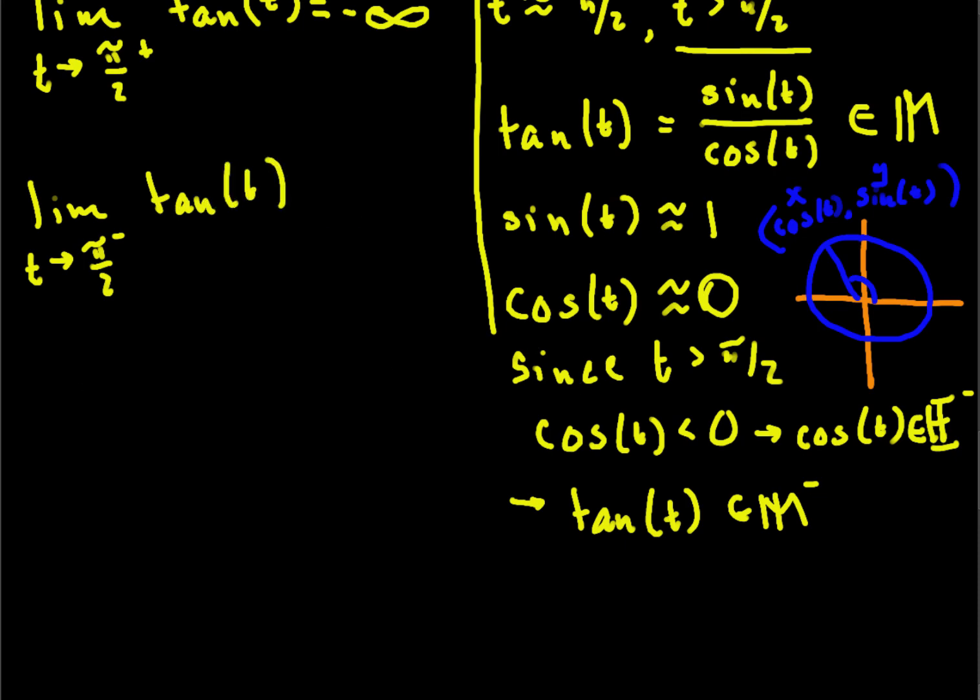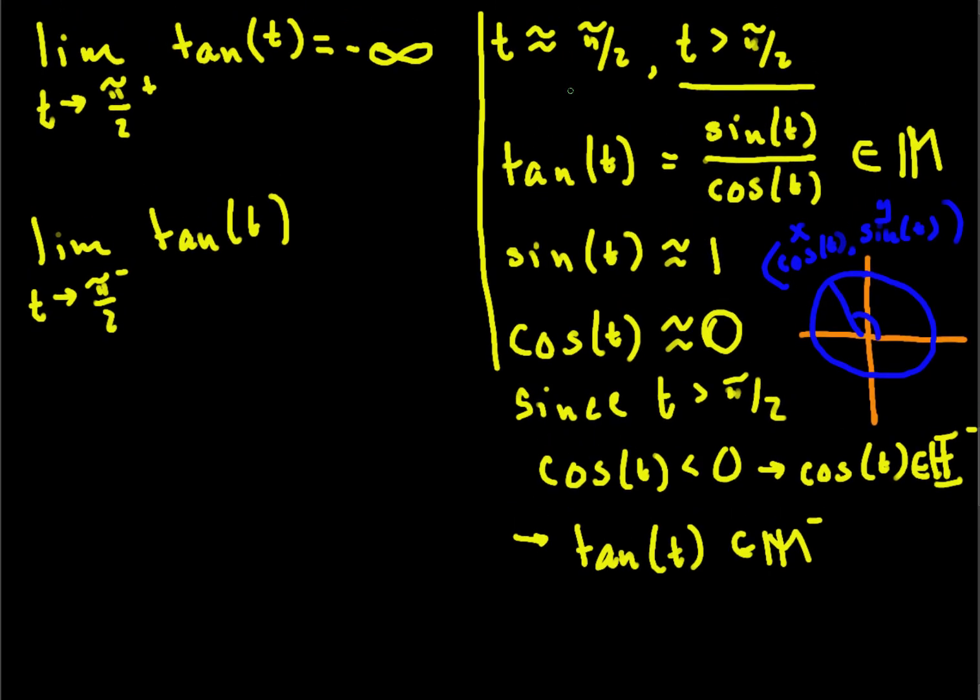We know all the same business, because t is still infinitely close to pi over 2, but now t is less than pi over 2. Sine is still infinitely close to 1, and cosine is infinitely close to 0, again because we're infinitely close to pi over 2. The question now is, what is the sign of cosine?